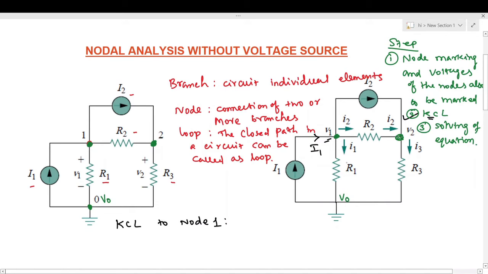As per KCL, the incoming current is equal to the outgoing current. The incoming current at the node is I1, so we take I1 equal to the outgoing currents. Outgoing currents, we know, are i1 plus i2 plus capital I2. Here I1 and I2 are the current sources. Now we will take this as equation 1.